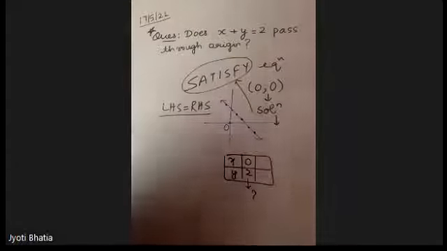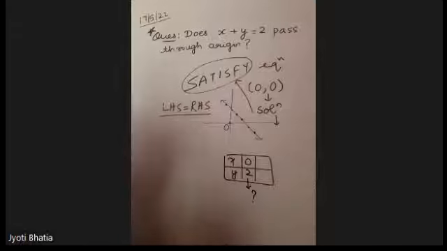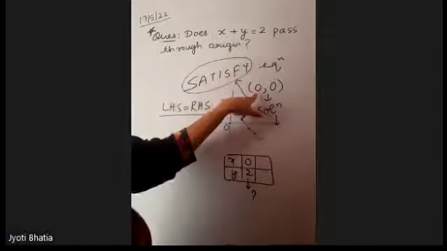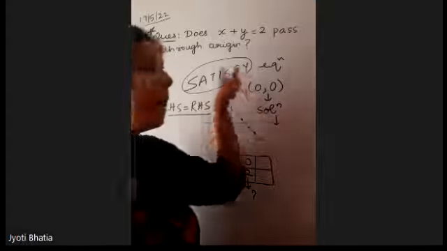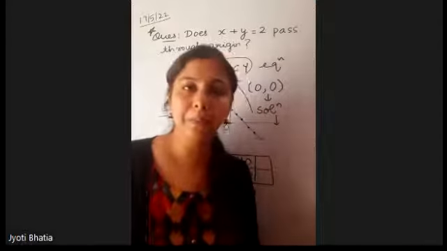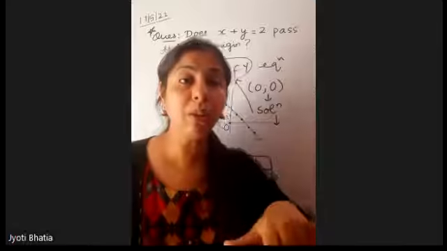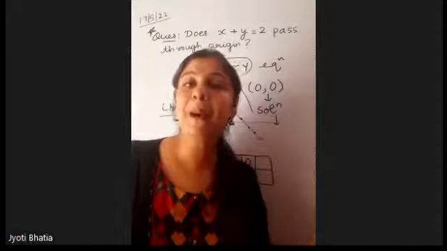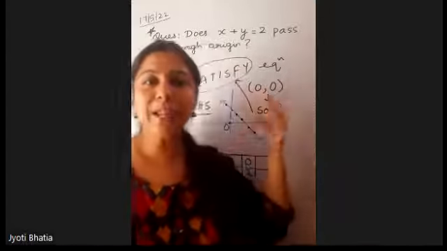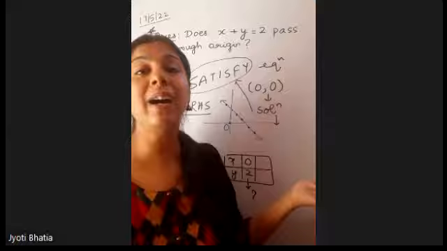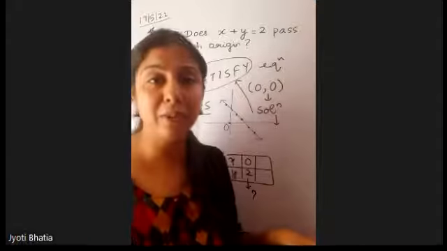Can you again tell about the satisfy? Any point, any coordinate which is a solution must satisfy the equation. Satisfy the equation means on putting those coordinates, LHS should be equal to RHS. If LHS is not equal to RHS, we can't say that it is satisfying the equation.